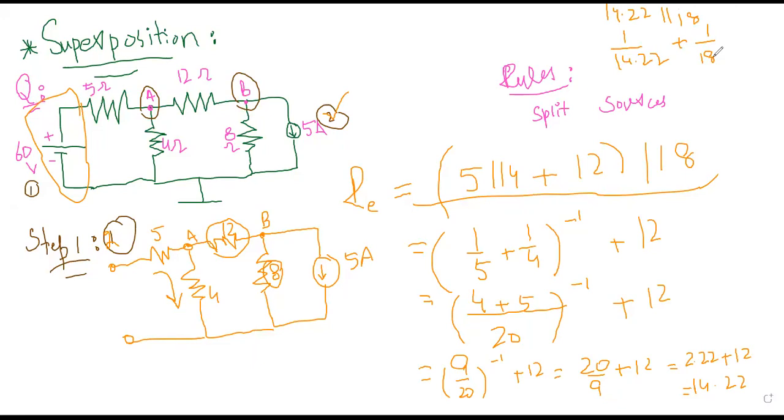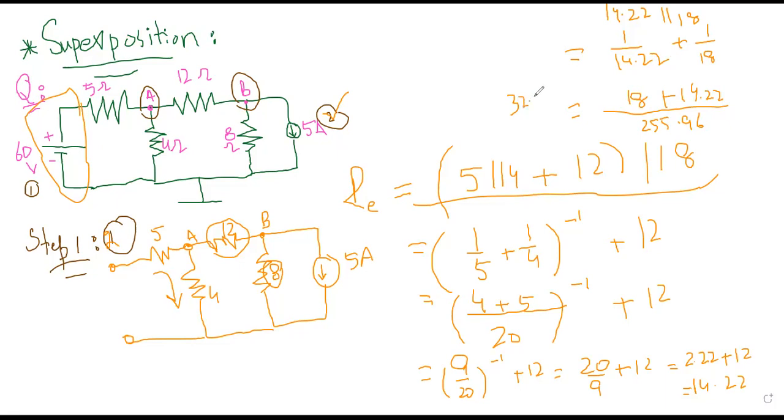So the LCM of 14.22 and 18 is 255.96. There the sum will be 18 times, and this must be 14.22 times. Now add 18 plus 14.22.